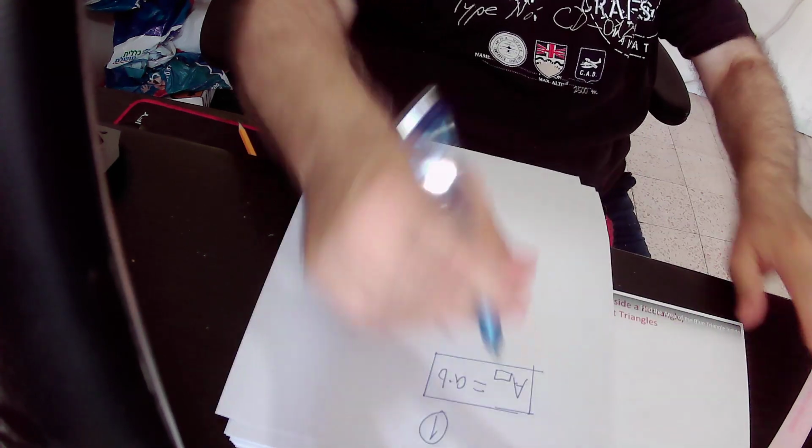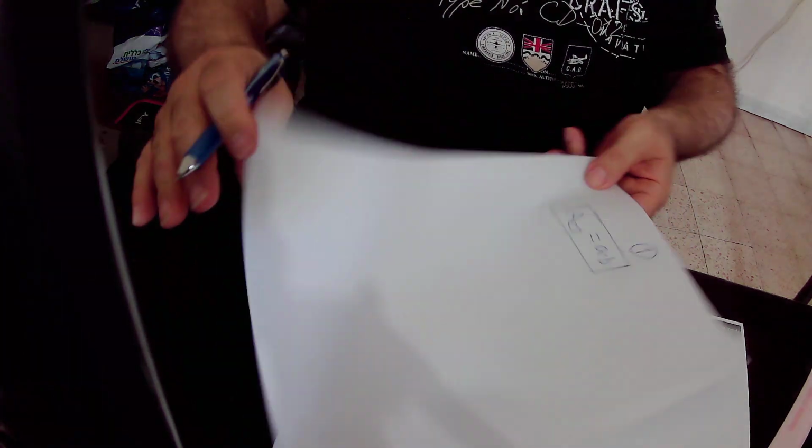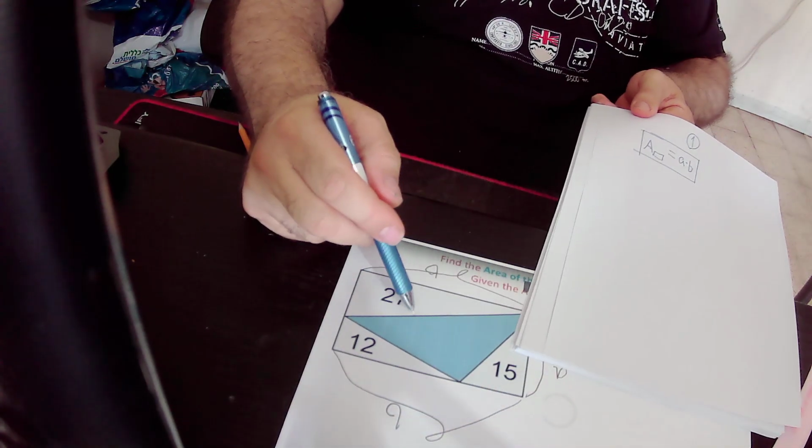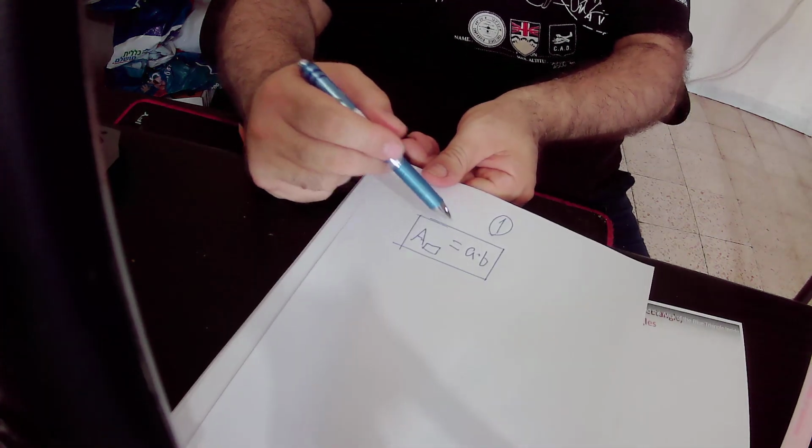So the area of this rectangle equals A times B.